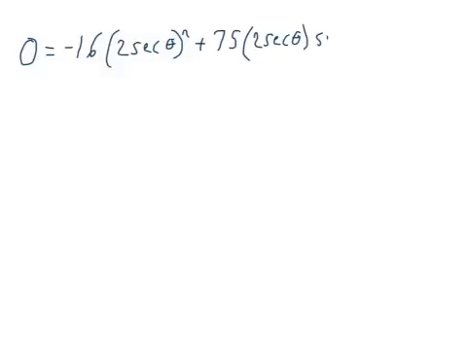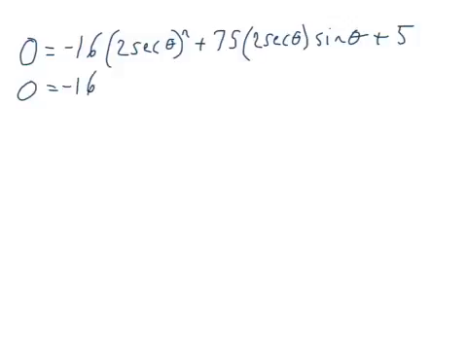We'll have 0 equals negative 16 times 2 secant theta all squared plus 75 times 2 secant theta times sine theta plus 5. Okay, do a little simplifying.